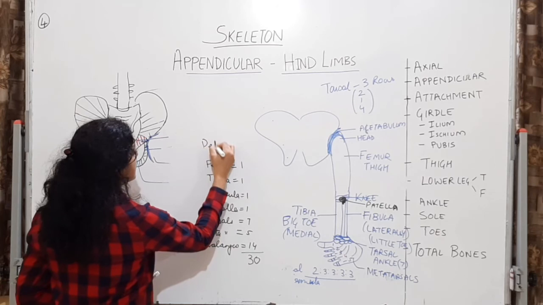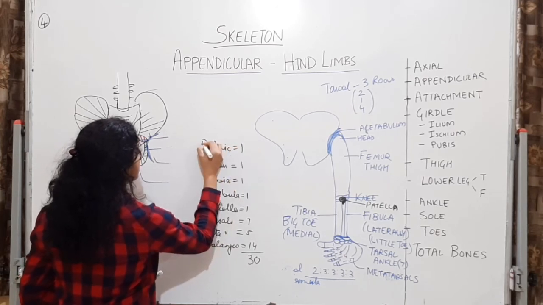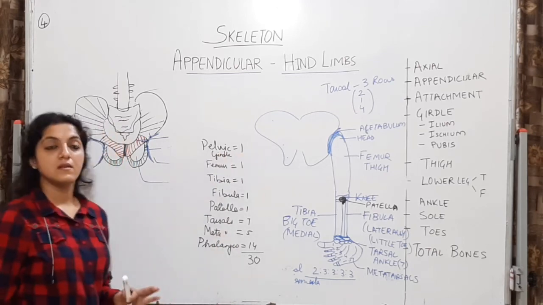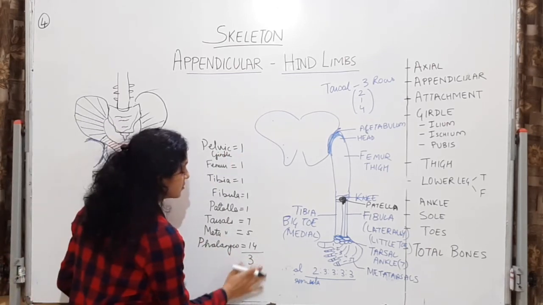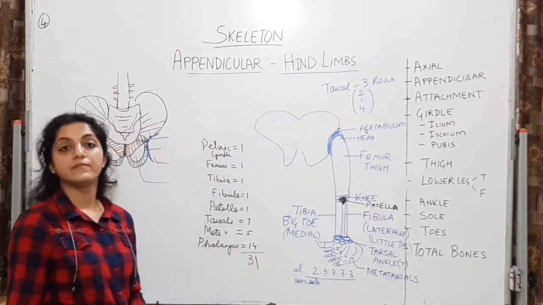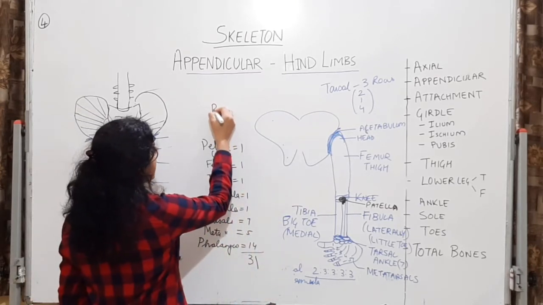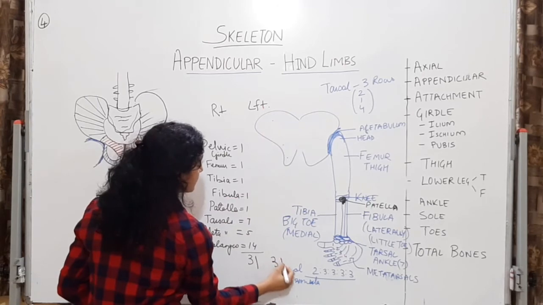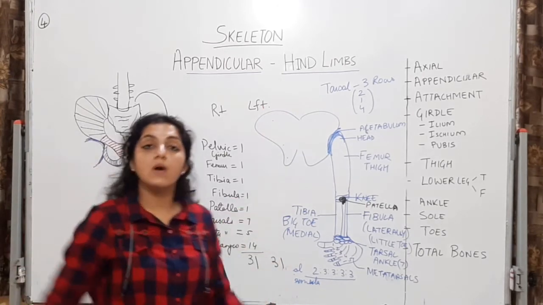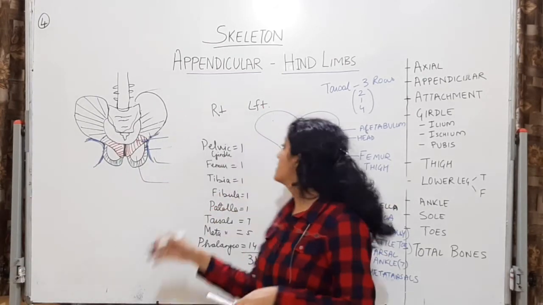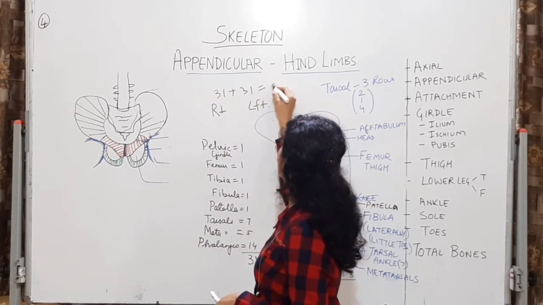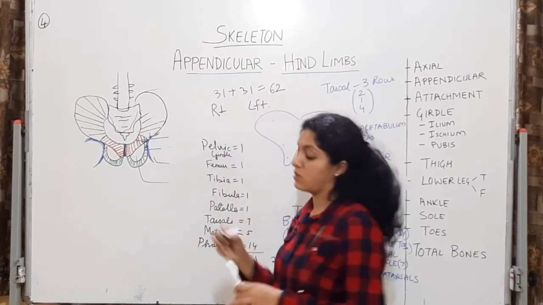So pelvic girdle में one bone. So this will bring the total to 31 then. So this is the right side से, so same left side में 31 होंगे. So the lower limb along with the pelvic girdle is going to make 31 plus 31, which is equal to 62 bones total.